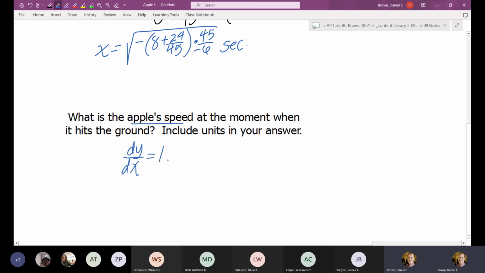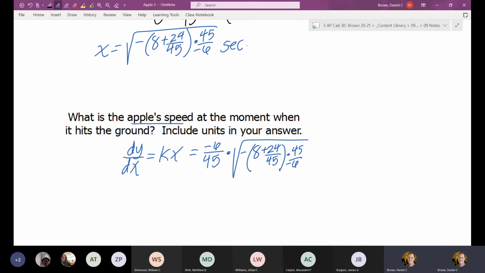It was equal to kx, and so I can go ahead and plug everything in. K was that -6 over 45. When it hits the ground, that's going to be the x value you find from the first one. And that would be your answer.